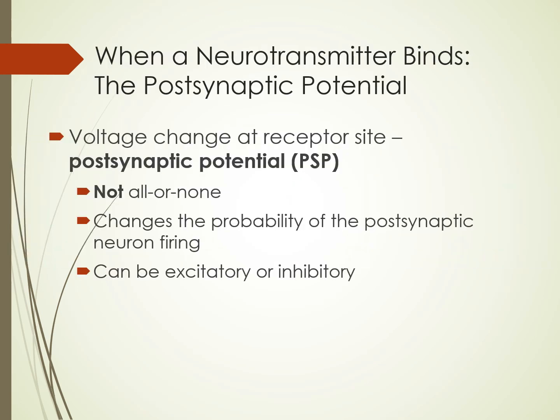We had just finished looking at, well, we used three examples of neurotransmitters. But what's happening with those neurotransmitters is they're floating across that synaptic cleft, and then they are affecting the postsynaptic neuron, and they cause what's called a postsynaptic potential.